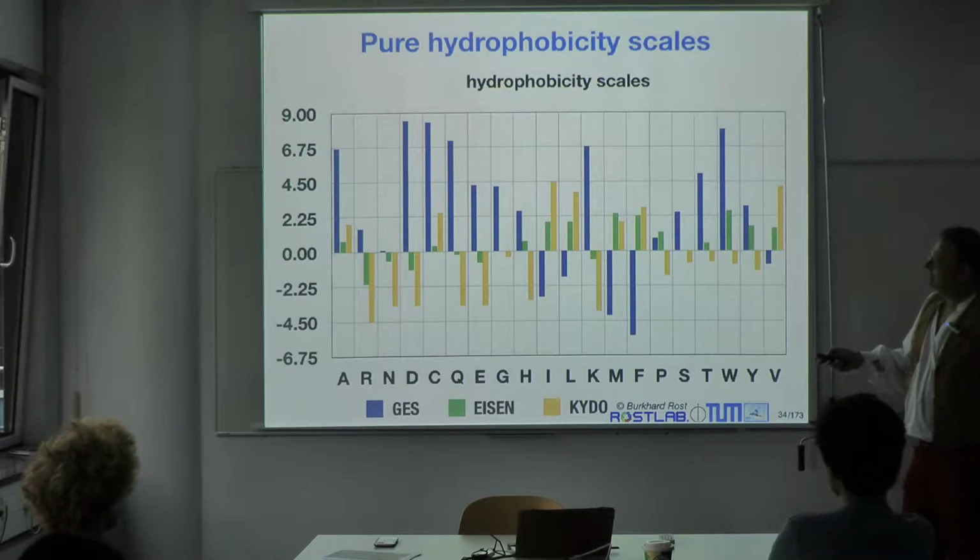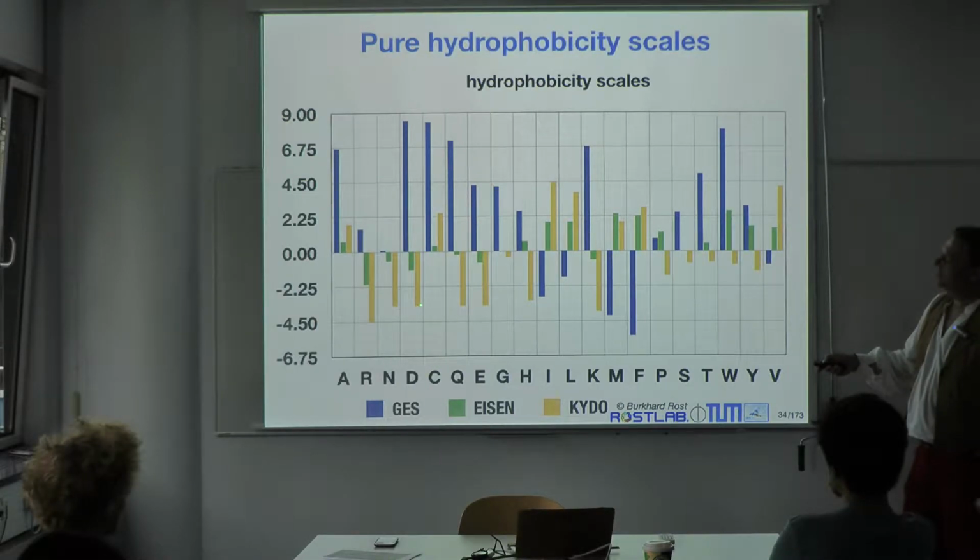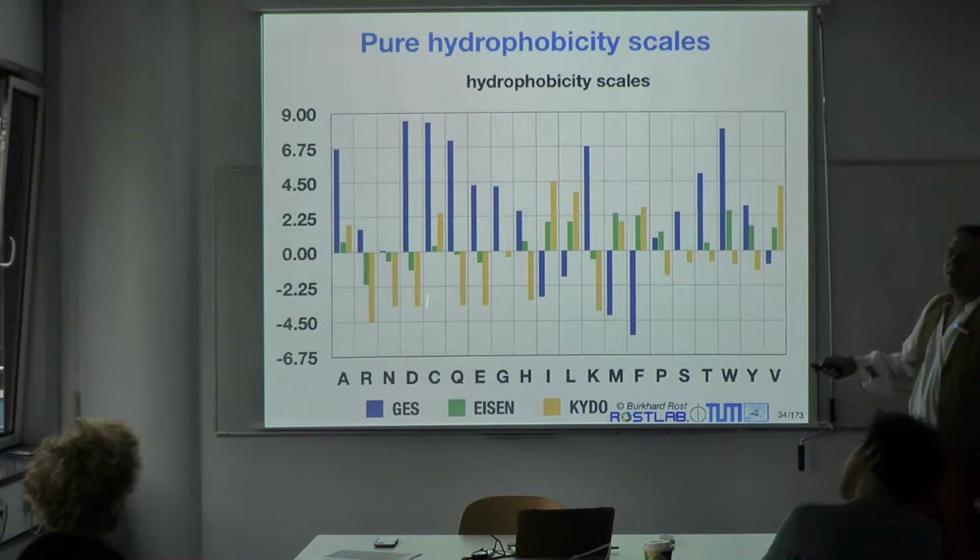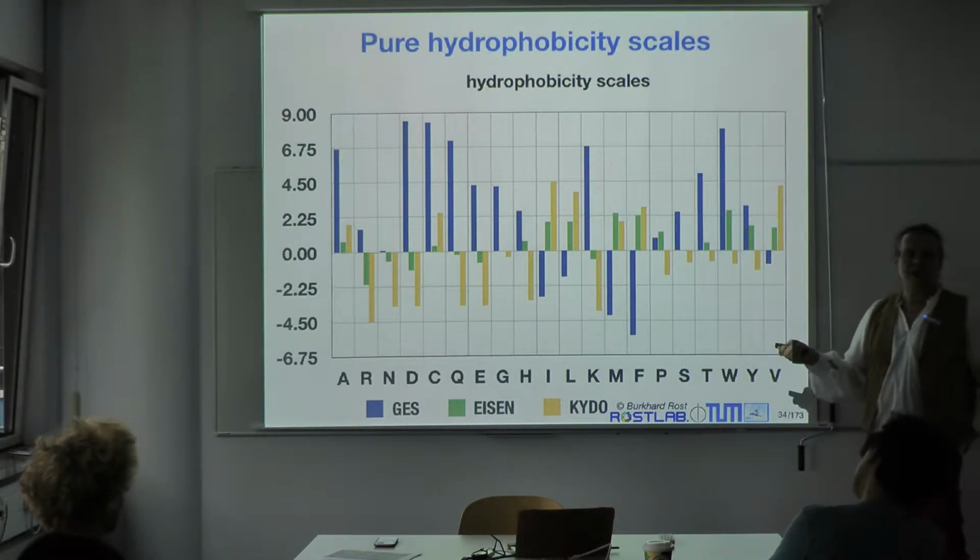In most cases the bars typically go in a similar direction, but then we have already here a big difference. Between this one and that one is a large universe in between. It's essentially two opposite sides of the spectrum.